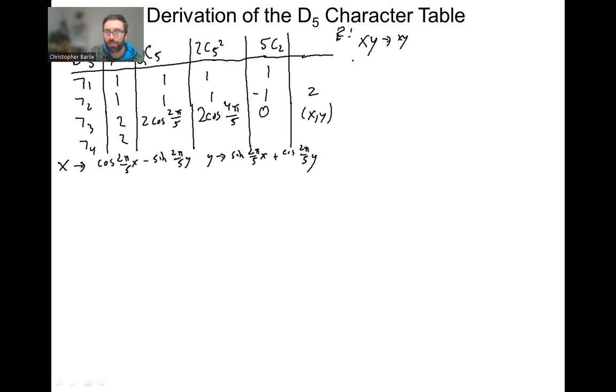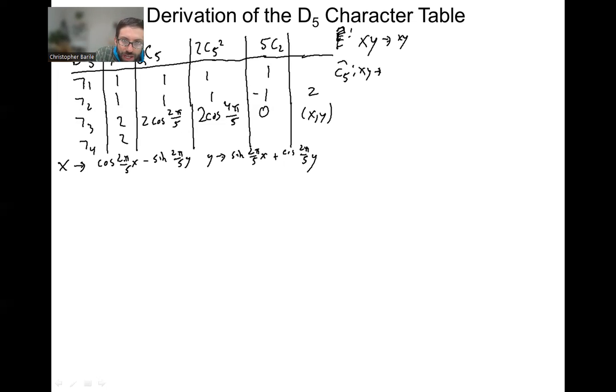Okay, xy. This was for E, that was the identity operation. Now, let's do it for the C5 operation. What is xy going to go into? It's going to go into these two things multiplied by one another, right? x times y. So that's what we have to now FOIL out.